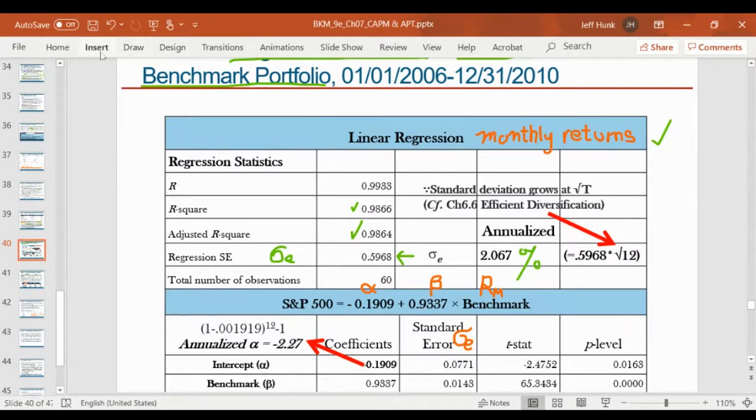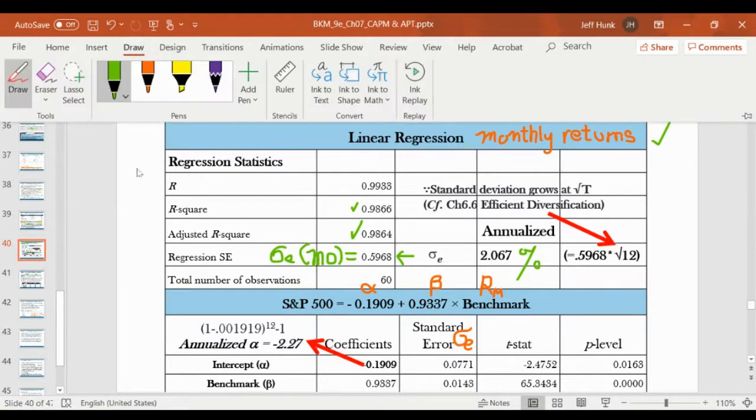So this is monthly, and you would understand that this means monthly, so that's percentage, right?